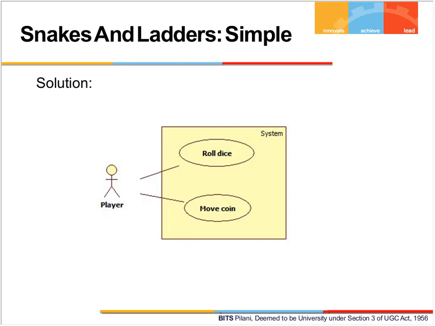We need to only find out how the system can be used. Declaring a winner is not how the player can use the system, right? So in a use case diagram, we only capture the users of the system.